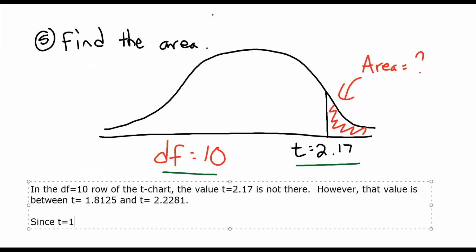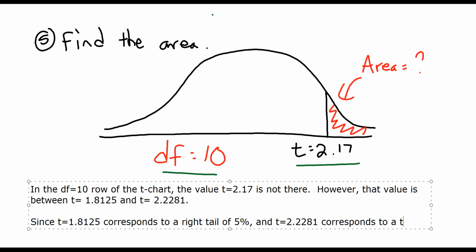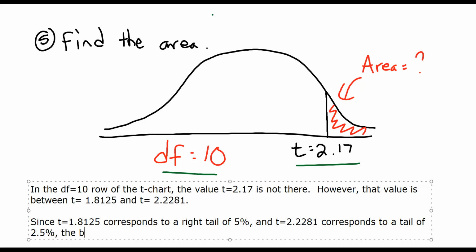Since t equals 1.8125 corresponds to a right tail of 5%, and t equals 2.2281 corresponds to a tail of 2.5%, the best we can say is the area of this tail is between 2.5% and 5%.